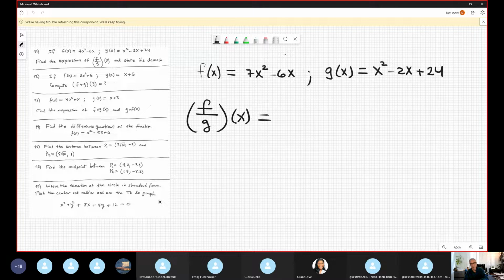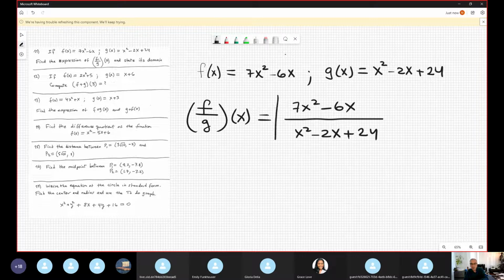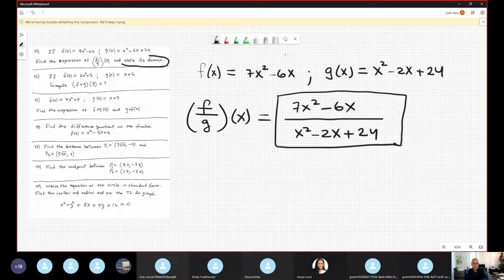Oh, it's easy. You put f on the top, it's a fraction, it's division. You put g on the bottom. Okay, and end of story, you get the answer, right? However, the complicated part is not this. The complicated part is always the domain.